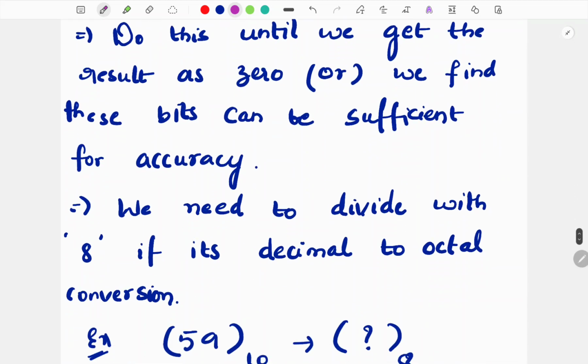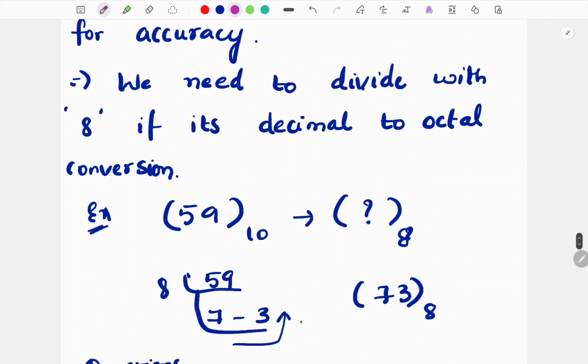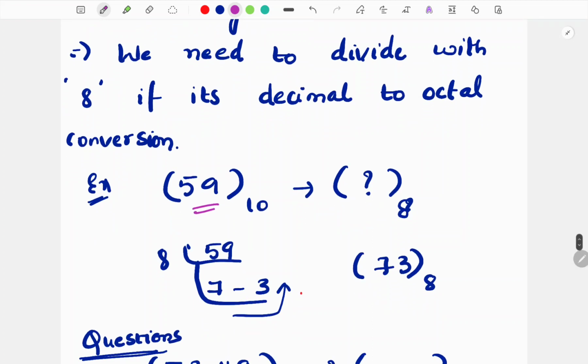If it is octal or hexadecimal, that is, conversion from decimal to octal or decimal to hexadecimal, we need to divide the decimal number by 8 and collect those remainders from bottom to up.